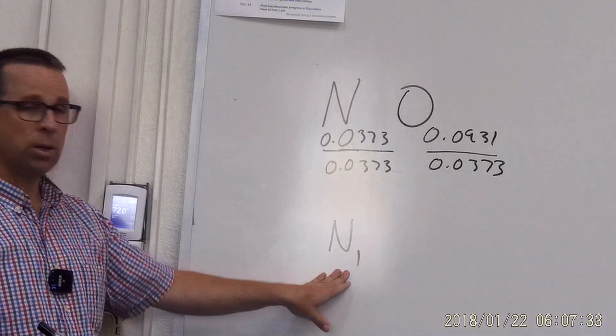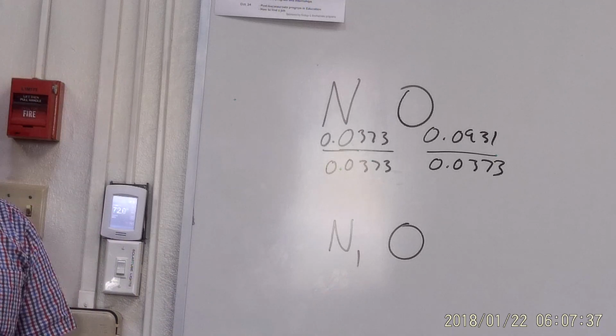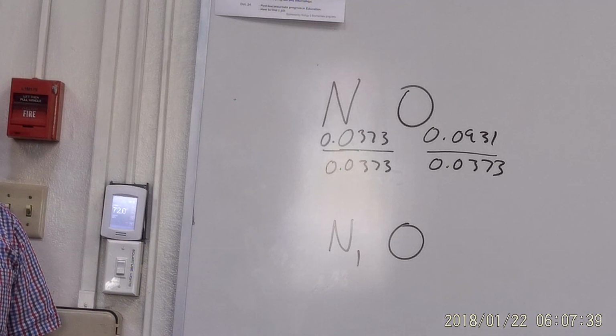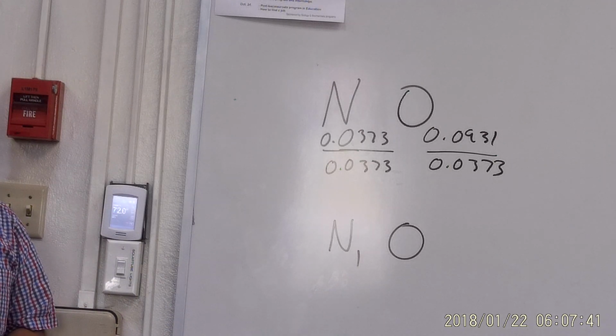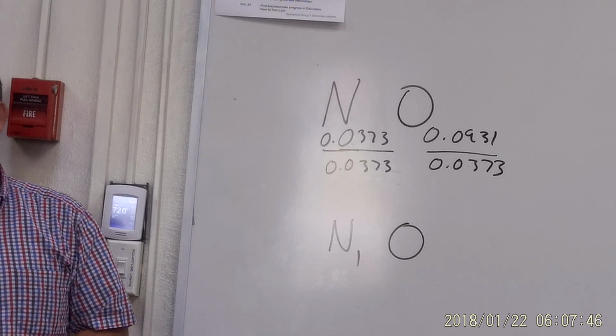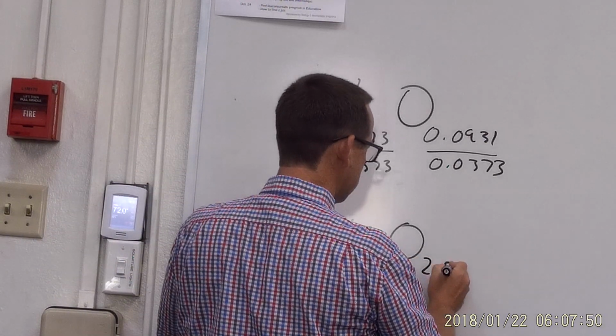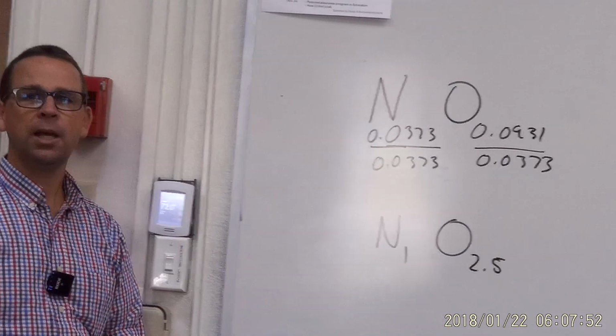So now you've got one of them as a whole number. What number does it give us for the oxygen if we do that? All right, pretty close to 2.5, 2.49, something like that, right?